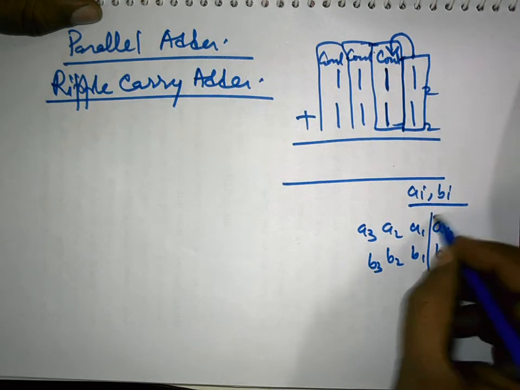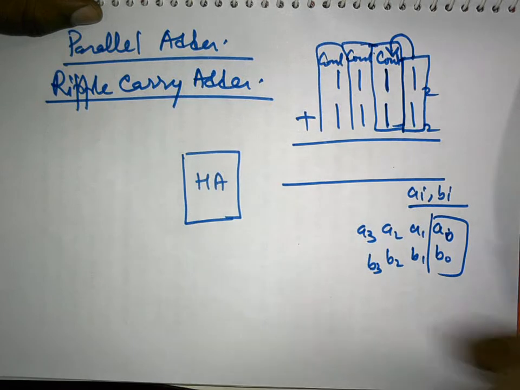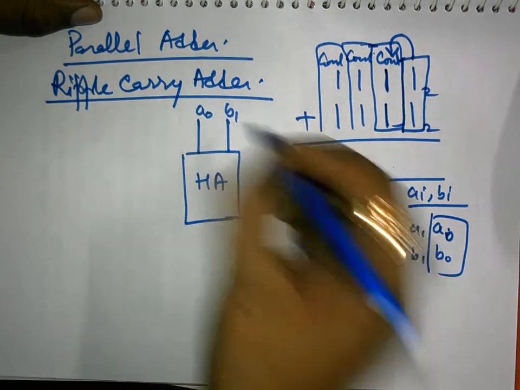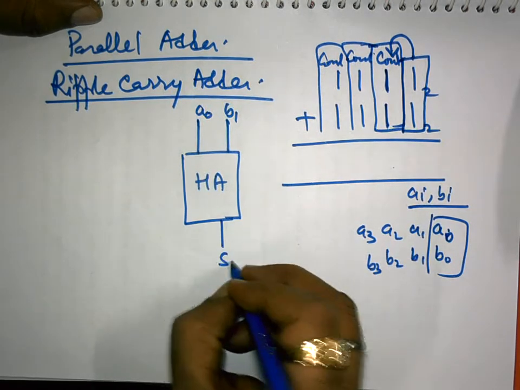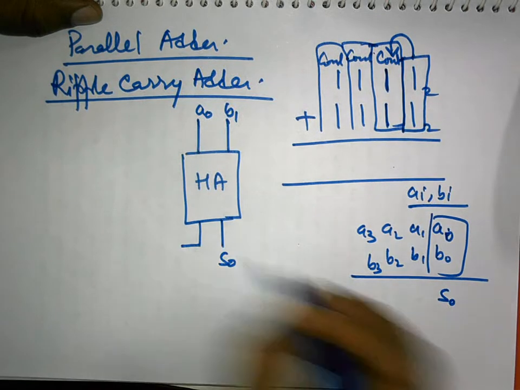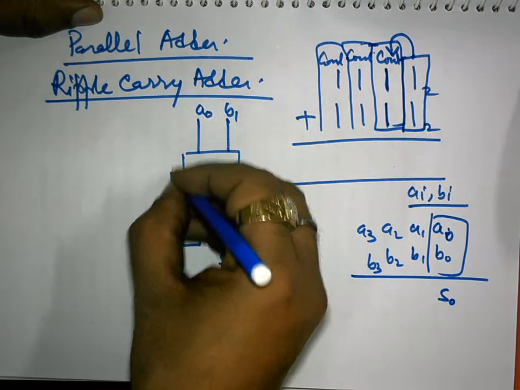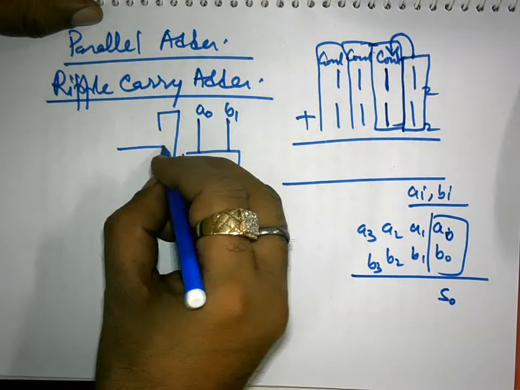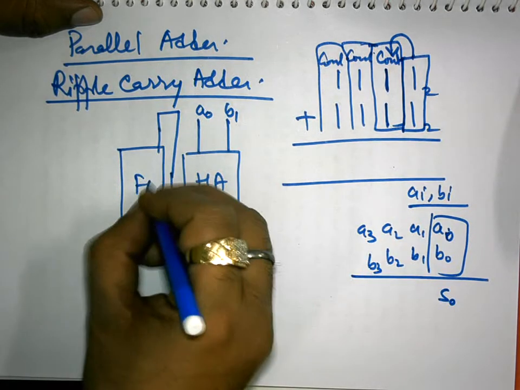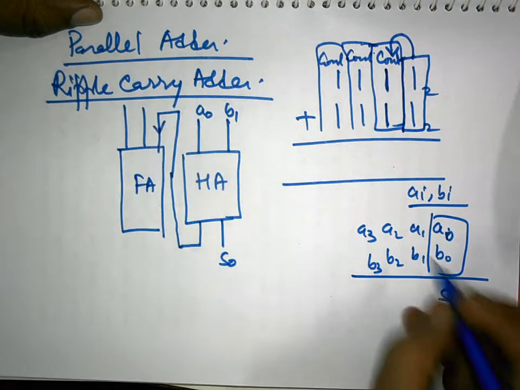Suppose to add this AI and BI, I have taken one half adder, and at the input of this half adder I am applying A0 and B0. What output it is giving? S0, some output, and a carry which is going for the next bit position, and here I will apply a full adder to add which digit position?